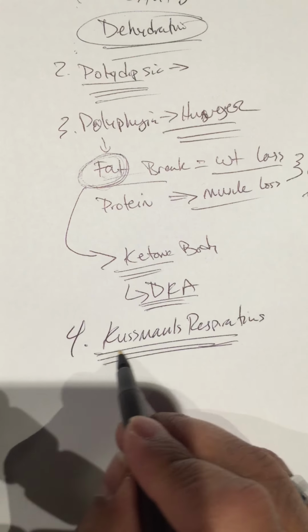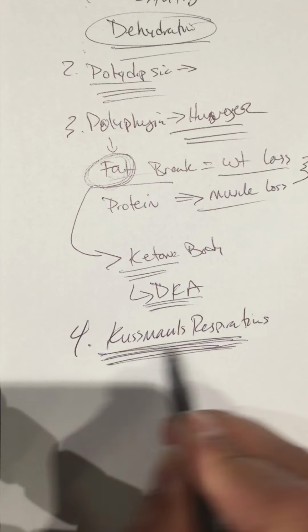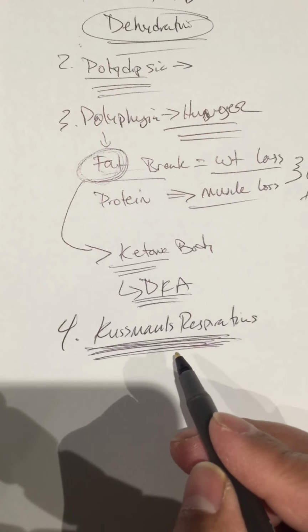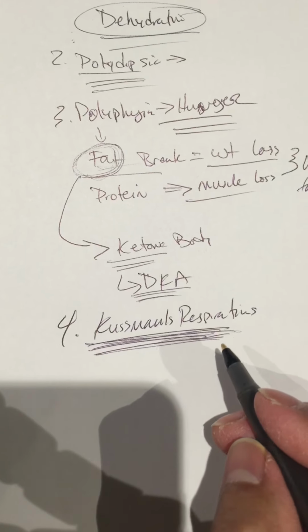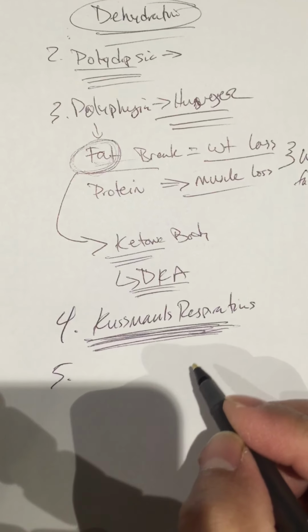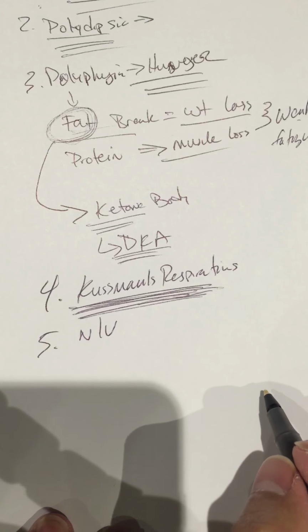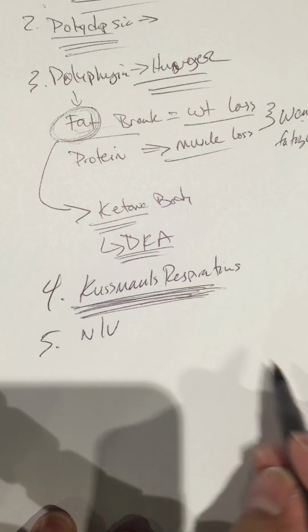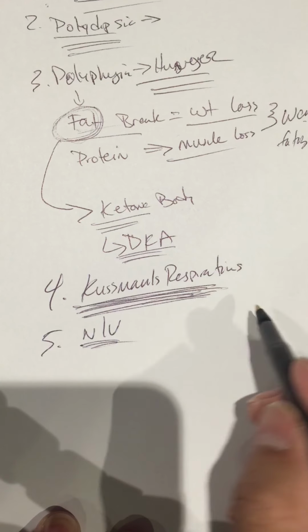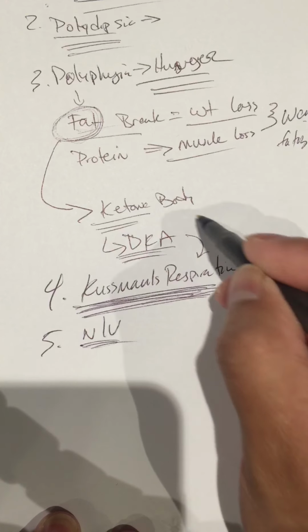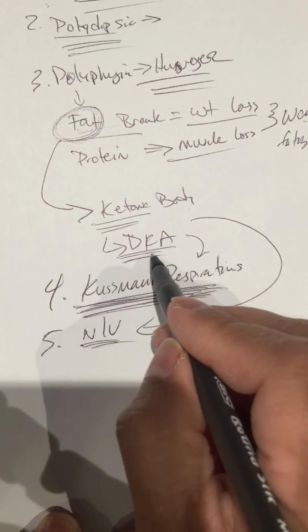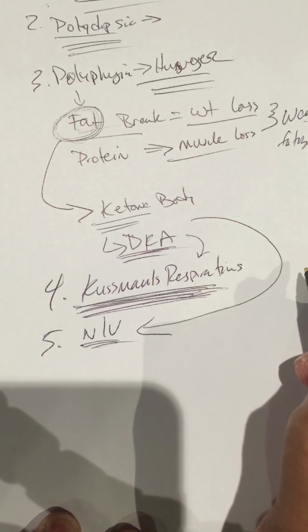So be aware, monitor for these Kussmaul's respirations. Again, very, very rapid breathing. Along with this, you'll have nausea, vomiting, wanting to throw up constantly. Again, these two would be very, very highly indicative of diabetic ketoacidosis.